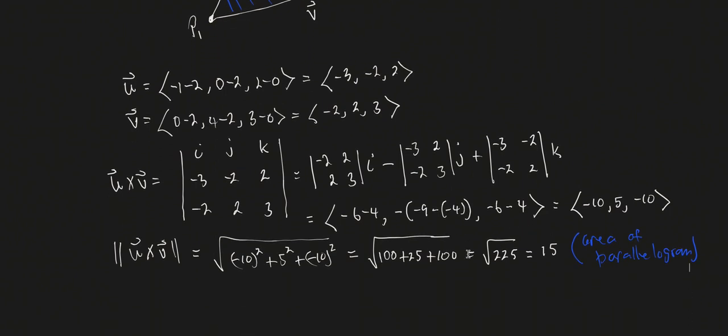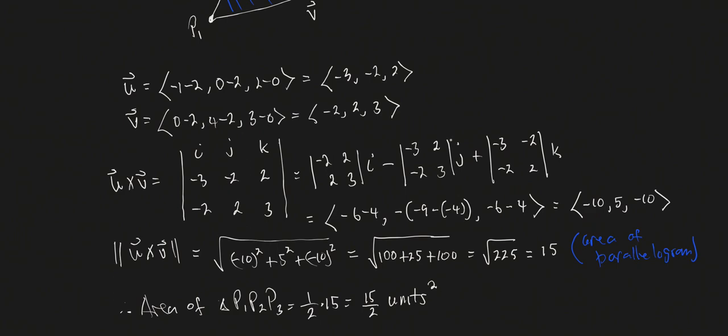So therefore, the area of triangle P1, P2, P3 is 1/2 of 15. You could write that as 15 over 2 or 7.5 if you'd like as a decimal. I'll leave it as the improper fraction, and then it would be square units.